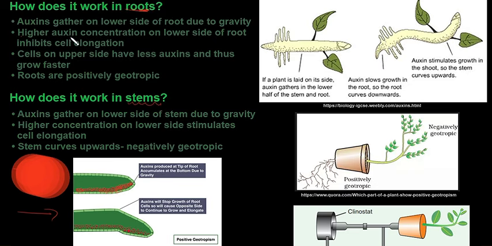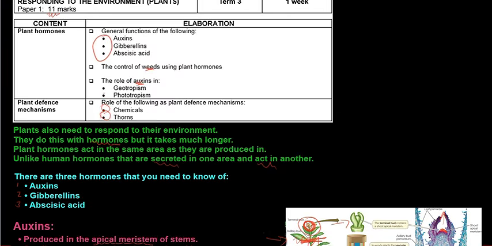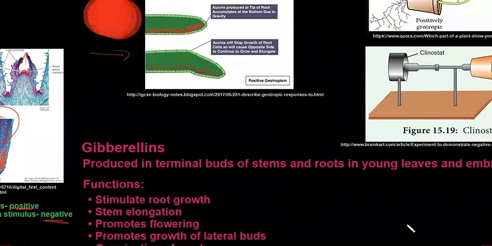So there will be a higher auxin concentration on the lower side of the root, and this will inhibit cell elongation. If we go back to where we looked at this little piece of information, in stems a high auxin concentration will promote stem growth, and in roots, a high auxin concentration will inhibit the growth of the root.